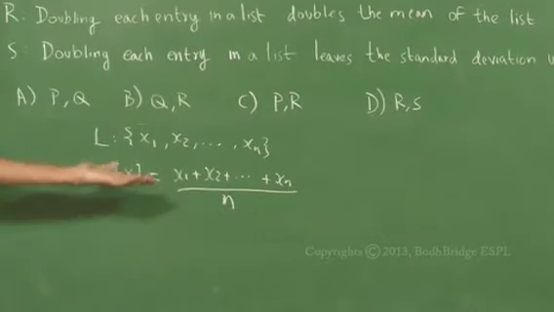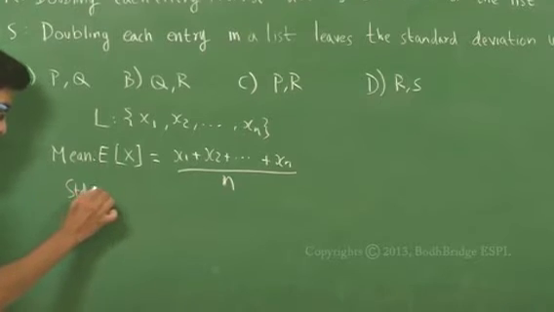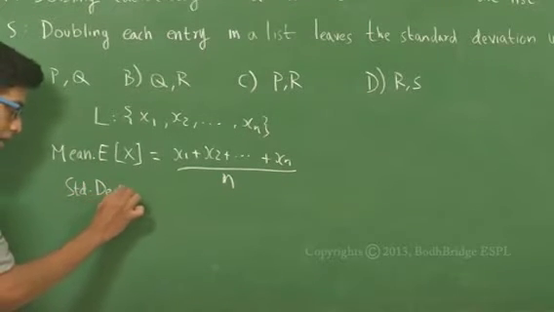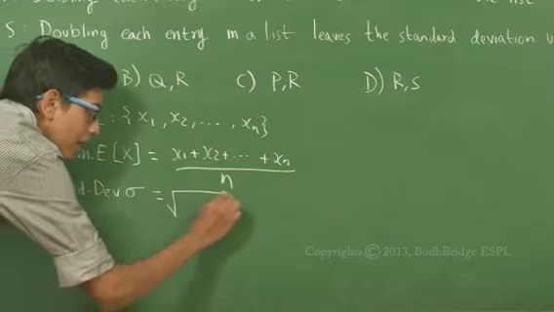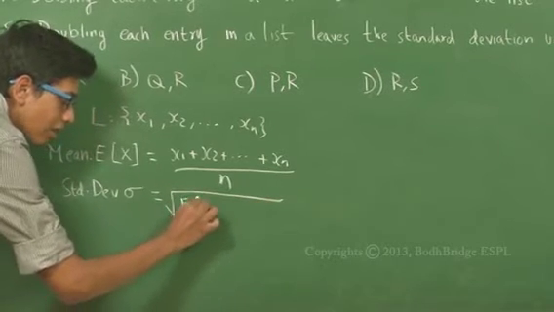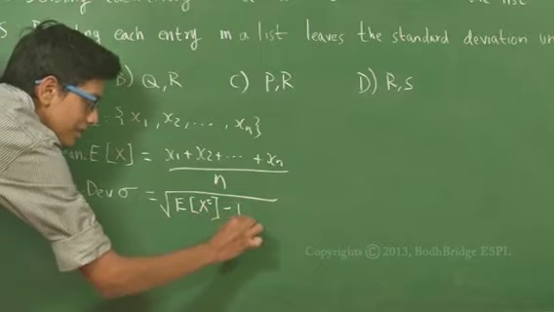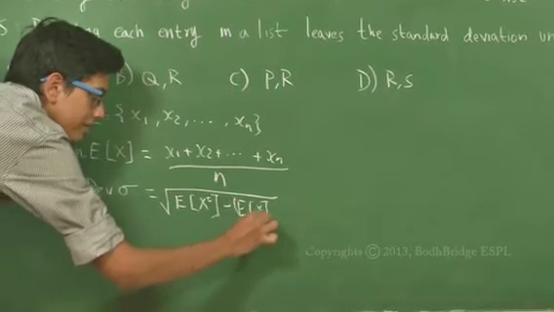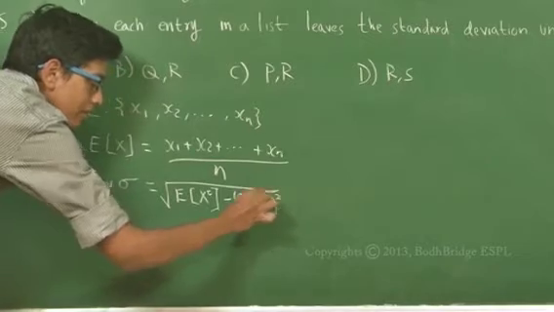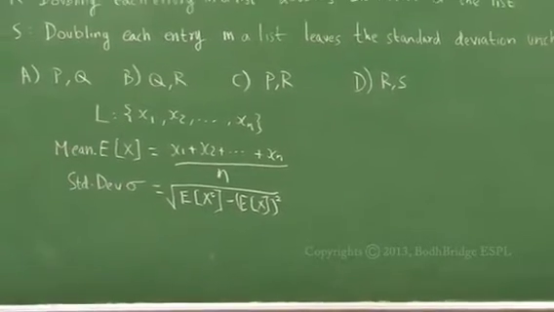So this is the mean of the list. The standard deviation, denoted by sigma, is equal to the root of E of x squared minus E of x the whole squared. So this is the definition of mean and standard deviation.